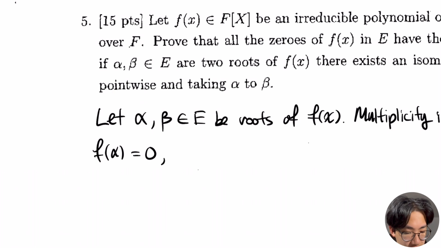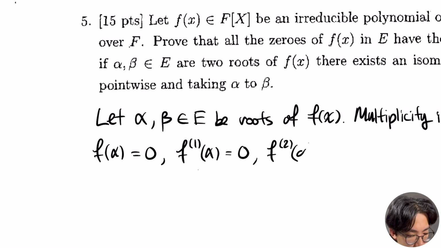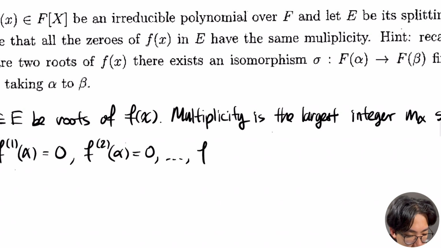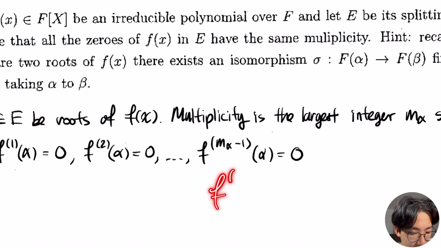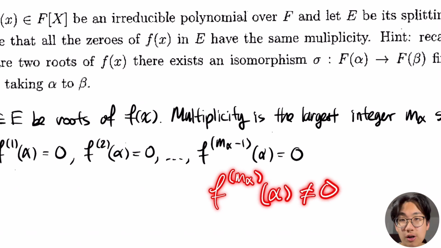So the first derivative of f evaluated at alpha is equal to 0, the second, all the way up to the (m sub alpha minus 1)th derivative, this is equal to 0. And then obviously the m sub alpha-th derivative is just not going to be equal to 0.